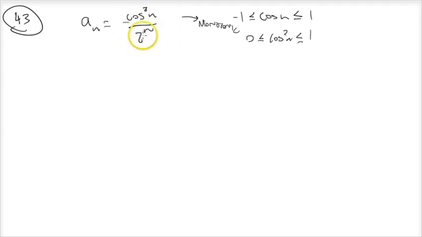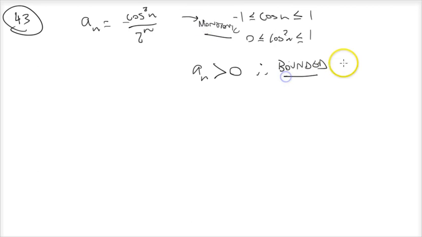And this will never be negative because there's no way you can pull out a negative from an exponent, since the exponent's the only thing that's changing. So we can say that a of n is always greater than 0, and therefore, these 3 little dots mean therefore, it's also bounded. So, because it's monotonic and bounded, we can say that this sequence is convergent.